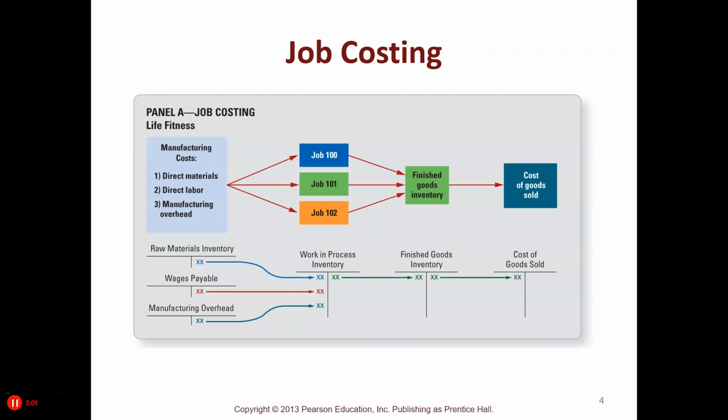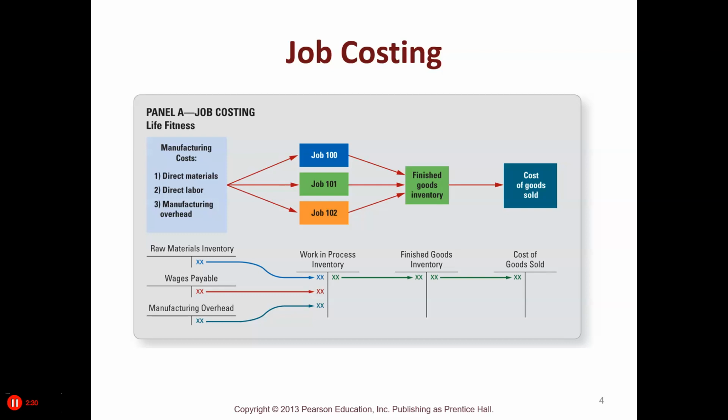And as they go through the system, they stay as the job. So in work in process, you'd have three work in processes: job 100, job 101, job 102. So you'd have as many of these as you need. You collect the cost for the job, and when you finish the job, you will transfer that job to finished goods. And then when you complete that job, then you transfer it to cost of goods sold.